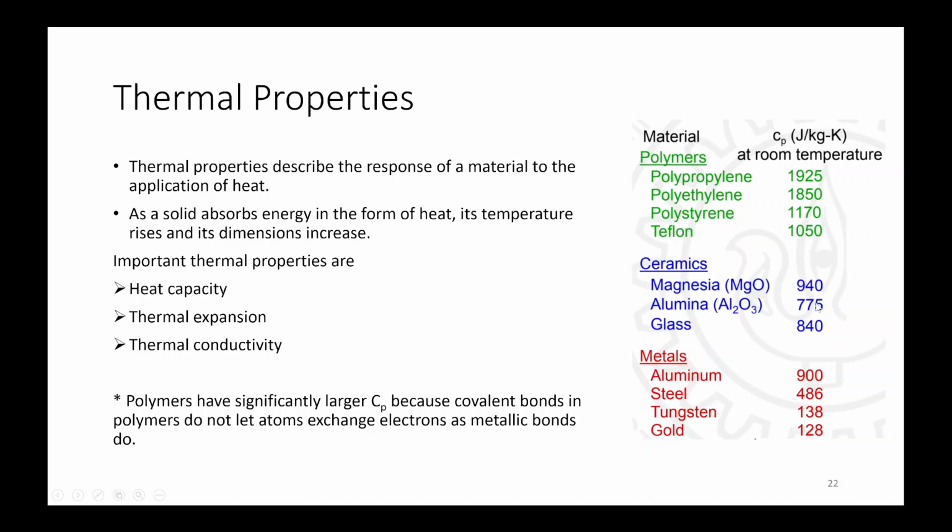Below these are ceramics, and the lowest are metals. Ceramics such as magnesia, alumina and glass have 900 to 800, and in the case of metals we have around 100 to 900. We have a wide range, from aluminium, steel, tungsten, gold.